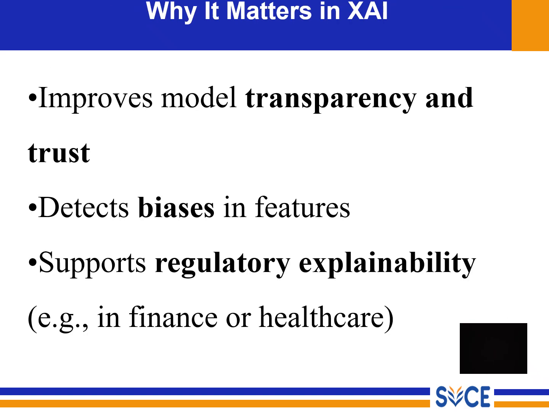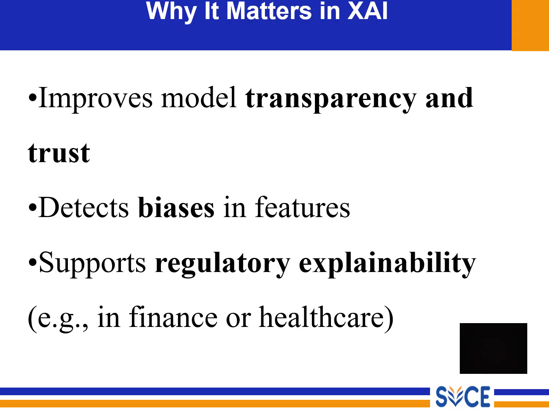So why is feature identification so valuable? Because it builds trust and accountability. When we know which features led to the prediction, we can spot biases, like if the model is unfairly focusing on gender or zip code. The second one is improved transparency, which means users can understand the result.